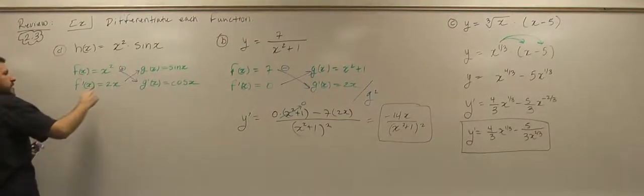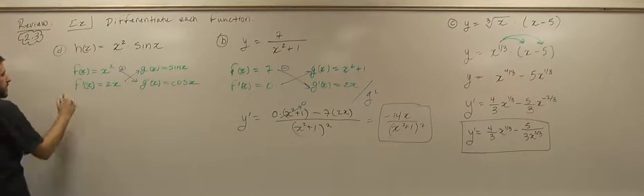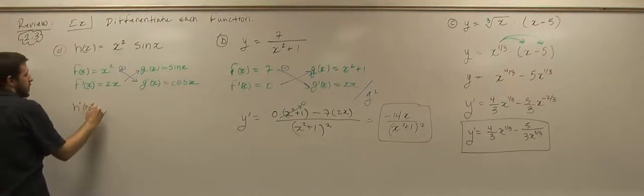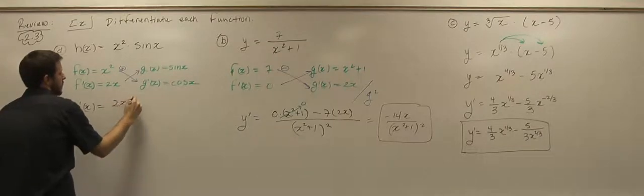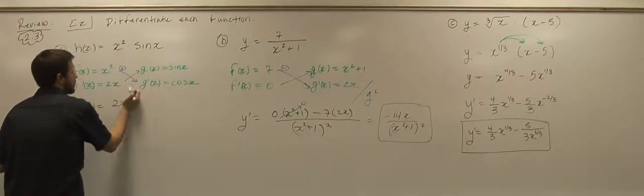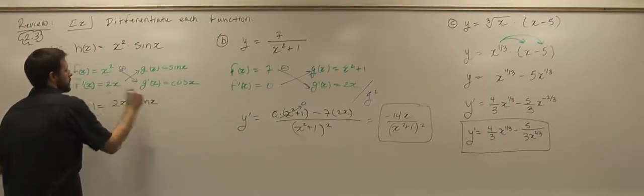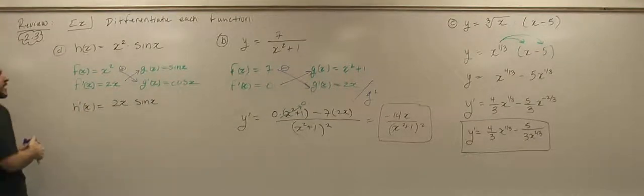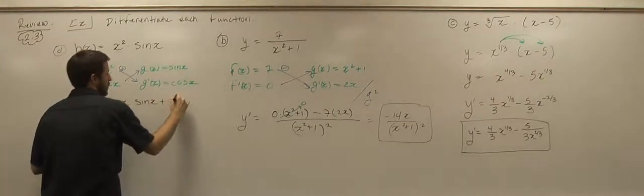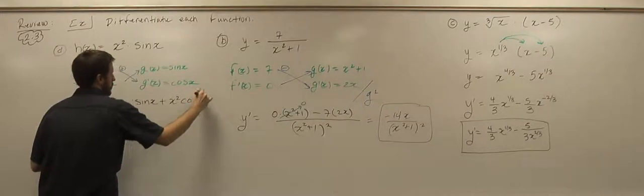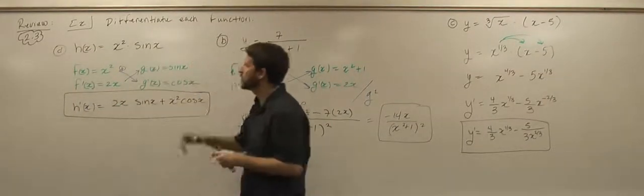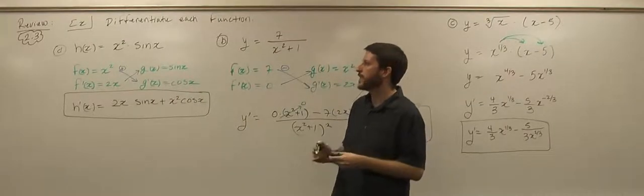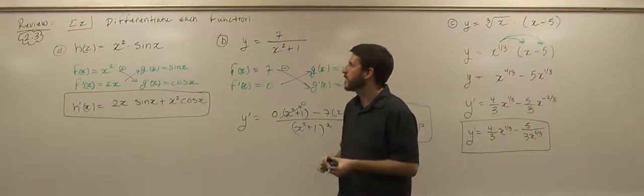So you'll get 2x sine x plus x squared cos x. So this one we couldn't simplify, we couldn't rewrite in any way. We had to do the product rule.